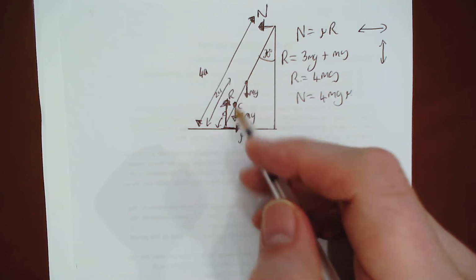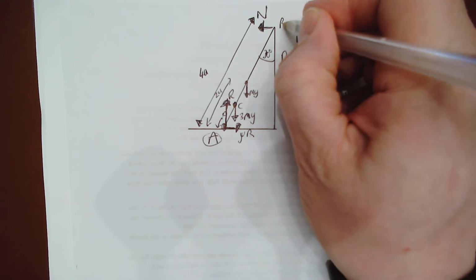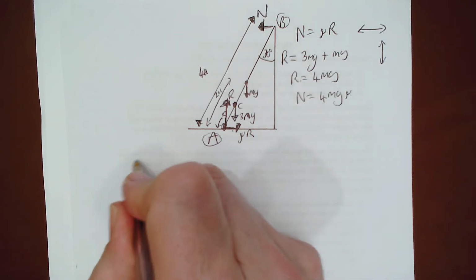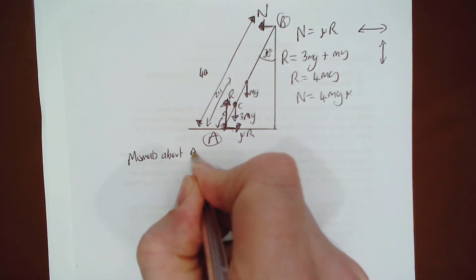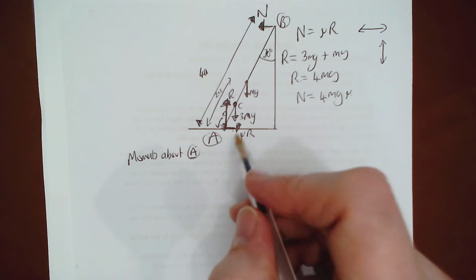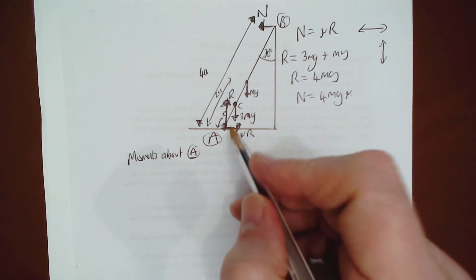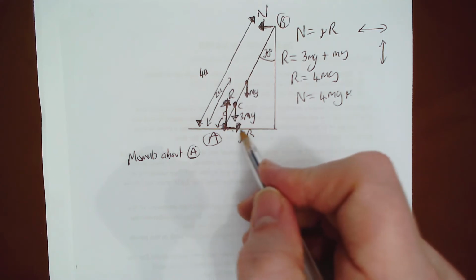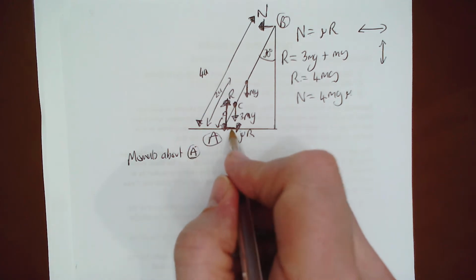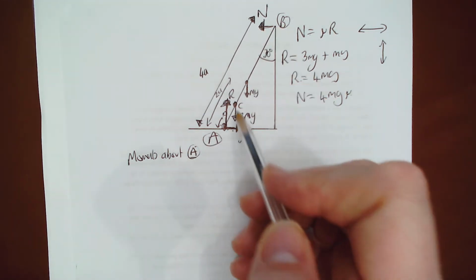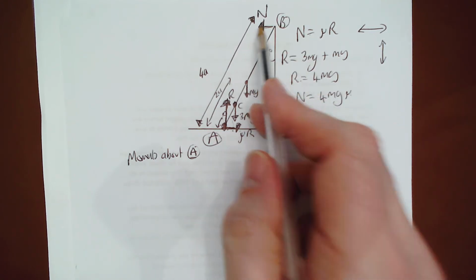I'm going to take moments, well, that should be called A actually, and that should be called B. I'm going to take moments about A. If I can, I prefer to take moments around A, which is the base of the ladder, just because it gets rid of R and mu R, which makes things easier most of the time. The weights would take it clockwise relative to that pivot, and that would take it anticlockwise.